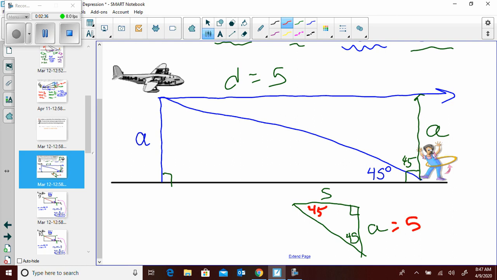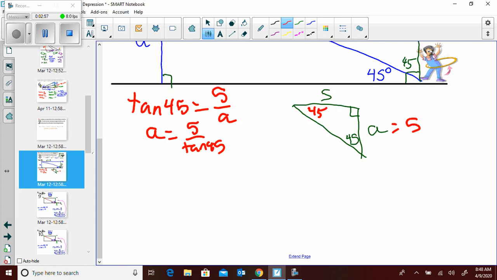If you didn't see that, our relationship here is going to be the tangent of 45 is 5 over A. We'll do our cross products. A is 5 over the tangent of 45. The tangent of 45, punch it on your calculator, is 1. So that gives us A is 5.